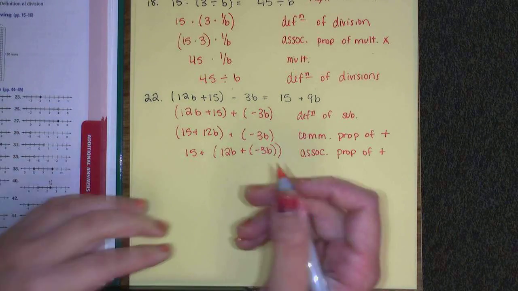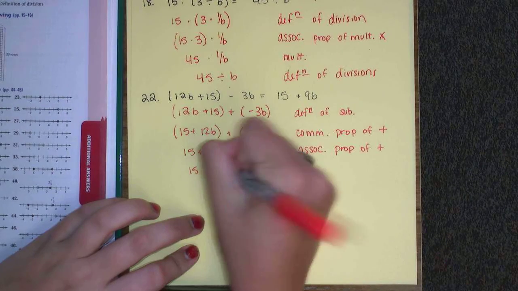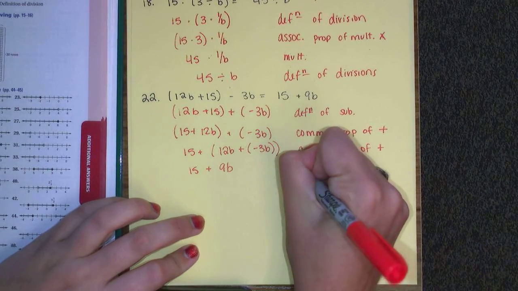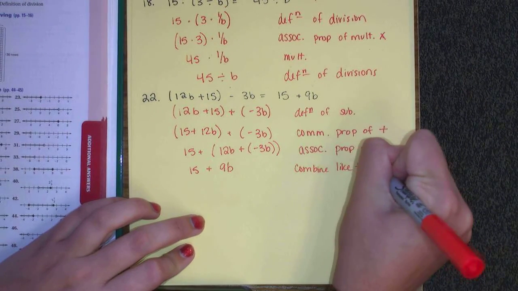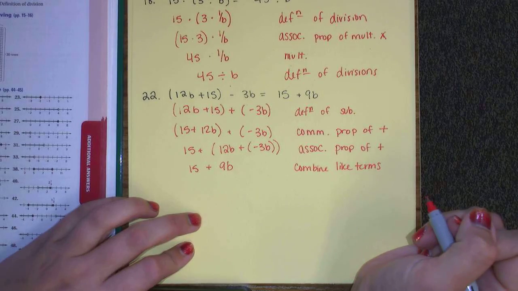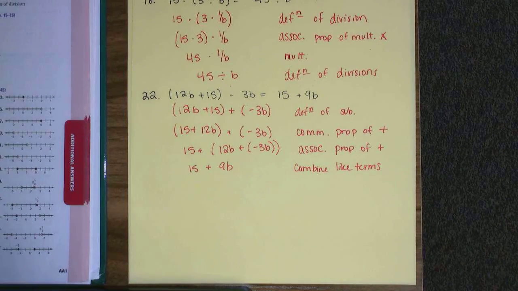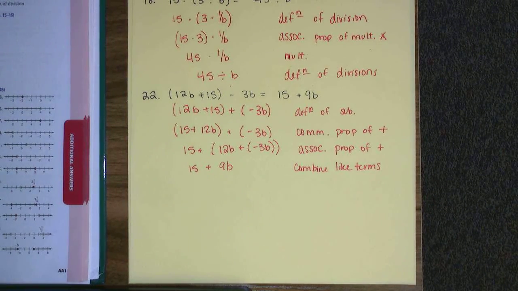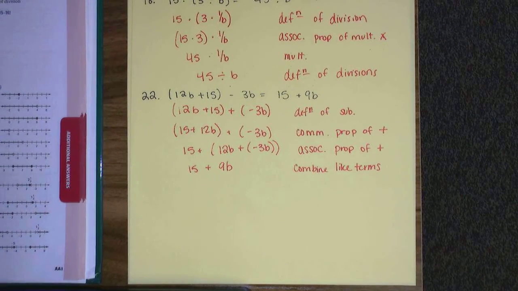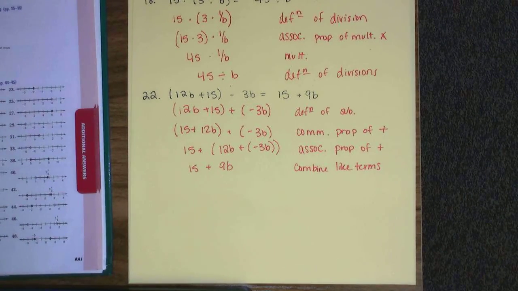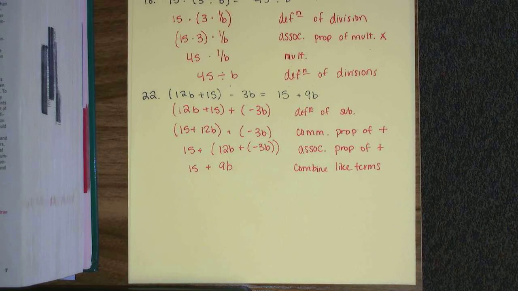Yep. 15 plus 9b. Looks like what I was looking for. And we would say there that we combine like terms. Yes, you did it.